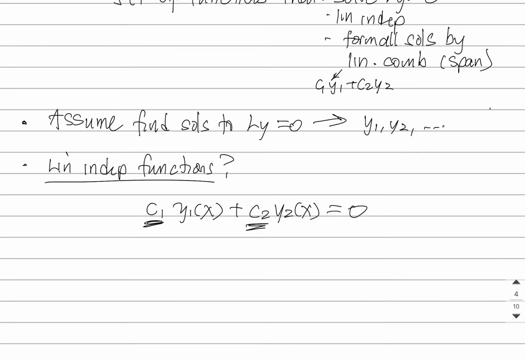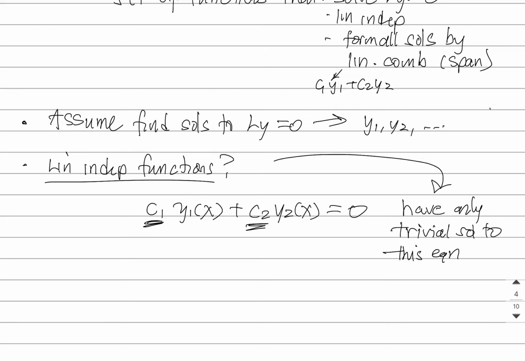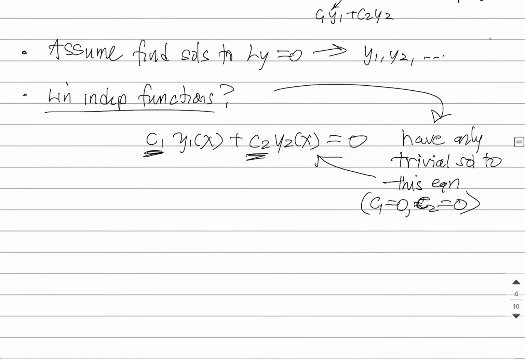Linearly independent functions will have only the trivial solution to this equation. Trivial solution means the duh answer, and that means that c1 is 0 and c2 is 0. That's the only way to make them add up to 0.